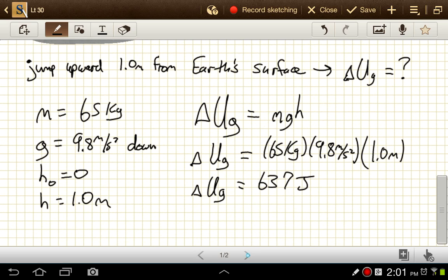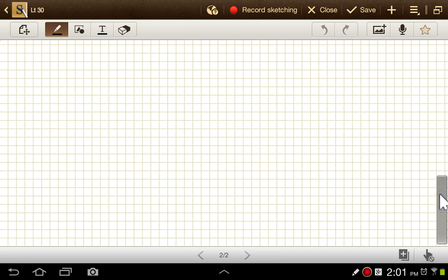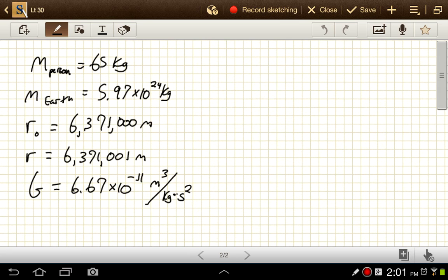Now if we go to the other equation, there it is, we'll need this information. We need the masses of each object, we need the distance between them initially, and the distance between them in the final state, and we need the gravitational constant. And then here we had UG, not delta UG, but just UG, is G, the gravitational constant, times m1 times m2 divided by r, and we have this negative sign on it.